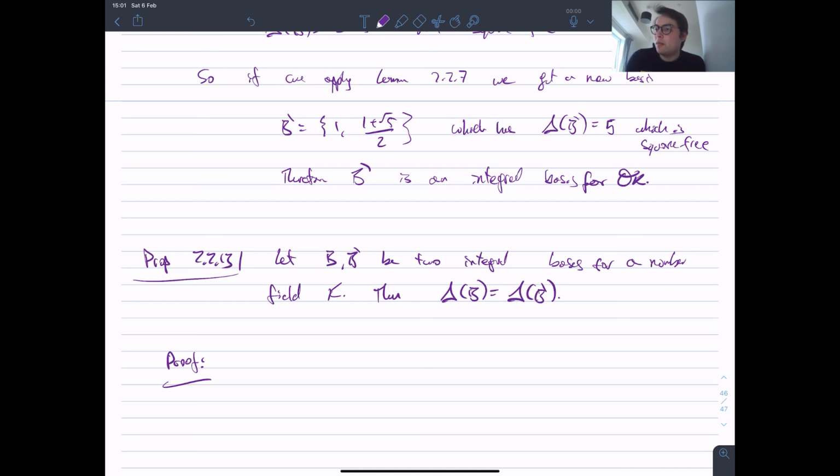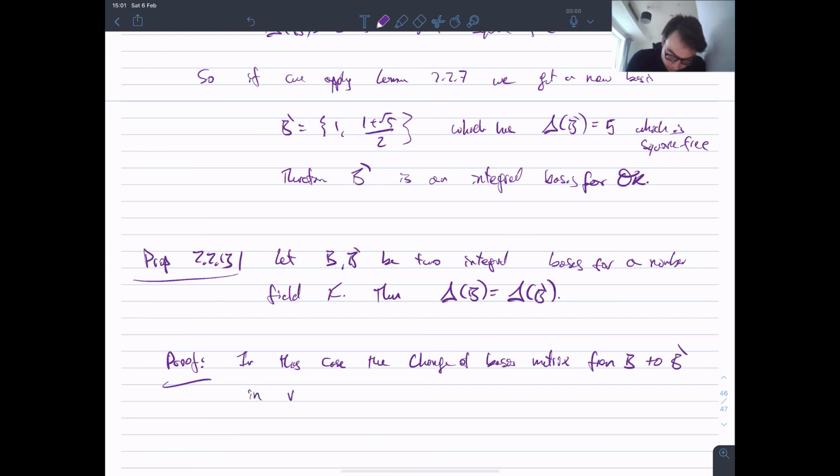So in this case, the change of basis matrix from B to B primed is an invertible matrix with integer coefficients.